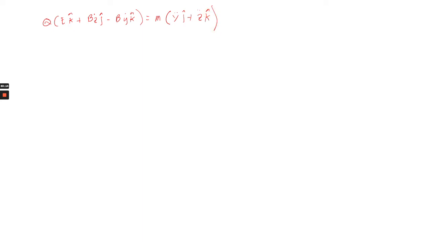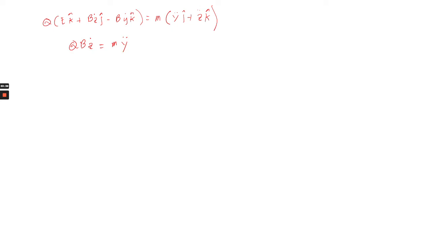So let's consider the y component, or the j hat component. On the left hand side, the j hat component is q B z dot, and on the right hand side the j hat component is just m y double dot.